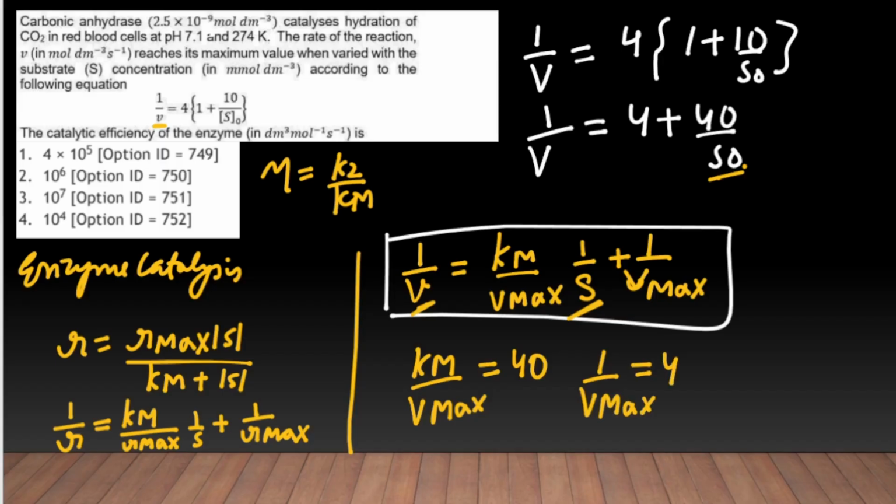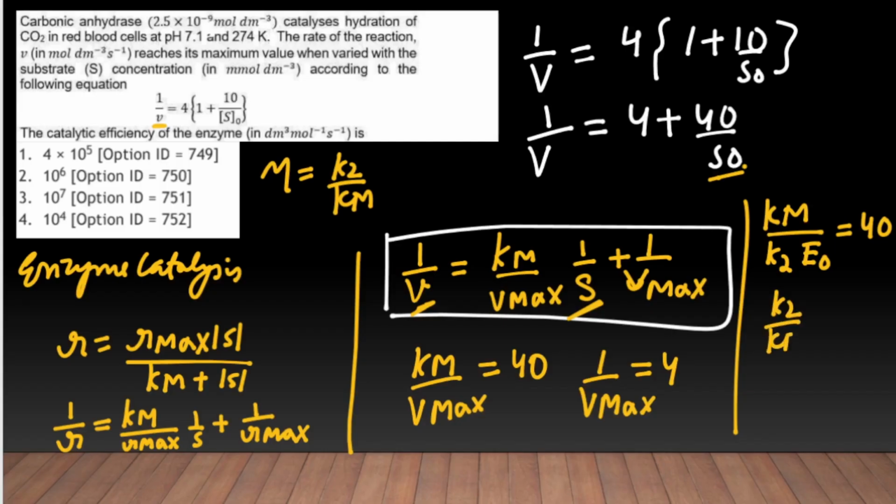So we need the efficiency value. For that, we have Km upon Vmax, where Vmax is K2 times E naught. This is equal to 40 only, right? So the eta value, which is K2 upon Km, is equal to 1 by E naught into 40.